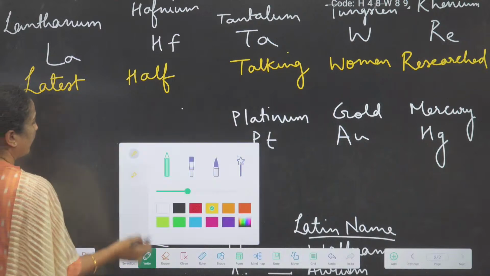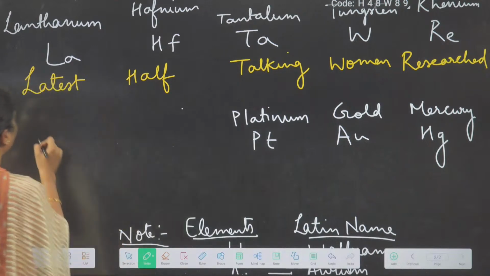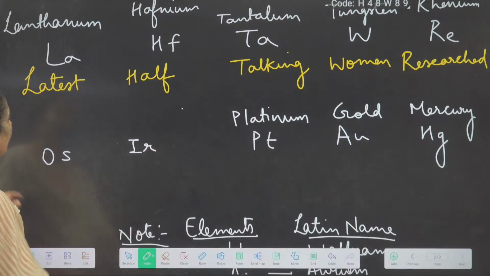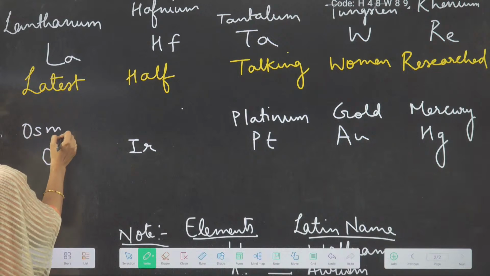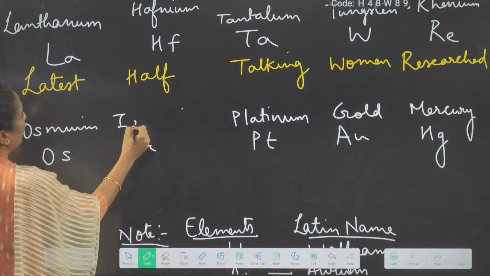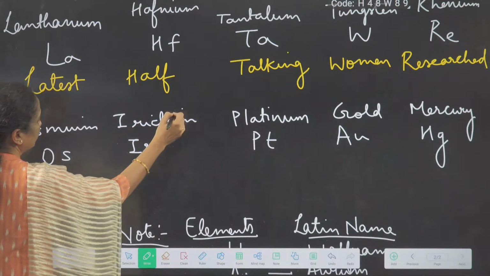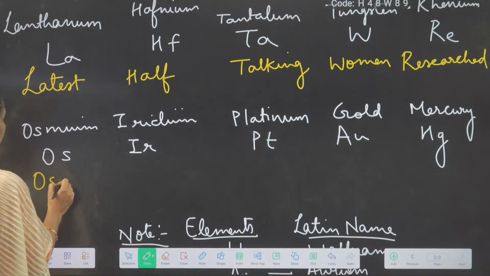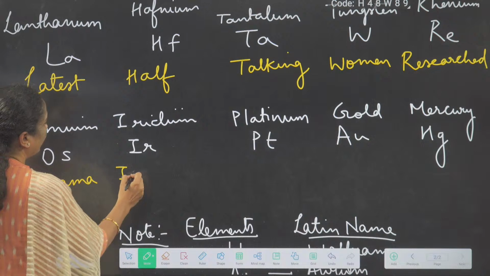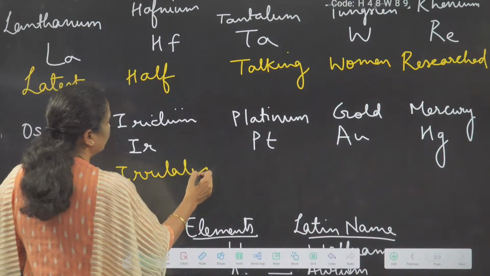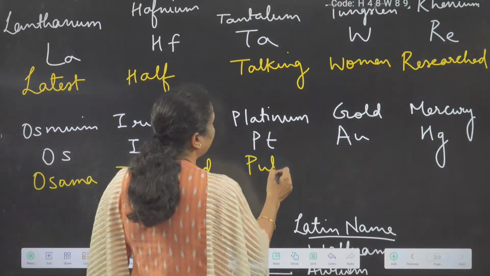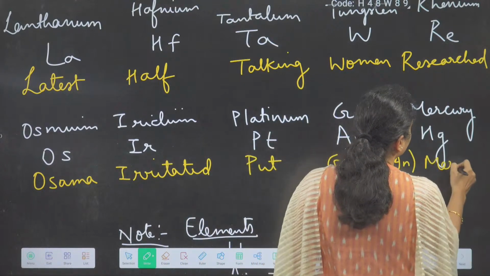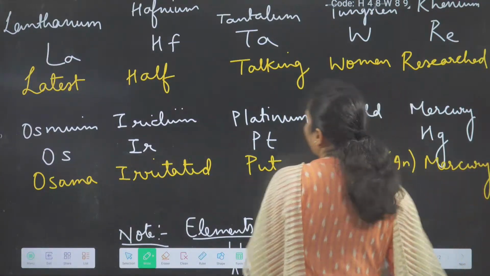So here I'm going to write down osmium here, and then you have iridium here. The names we are going to write down here. So Osama got irritated. Osama irritated, put gold in mercury. Put gold in mercury.